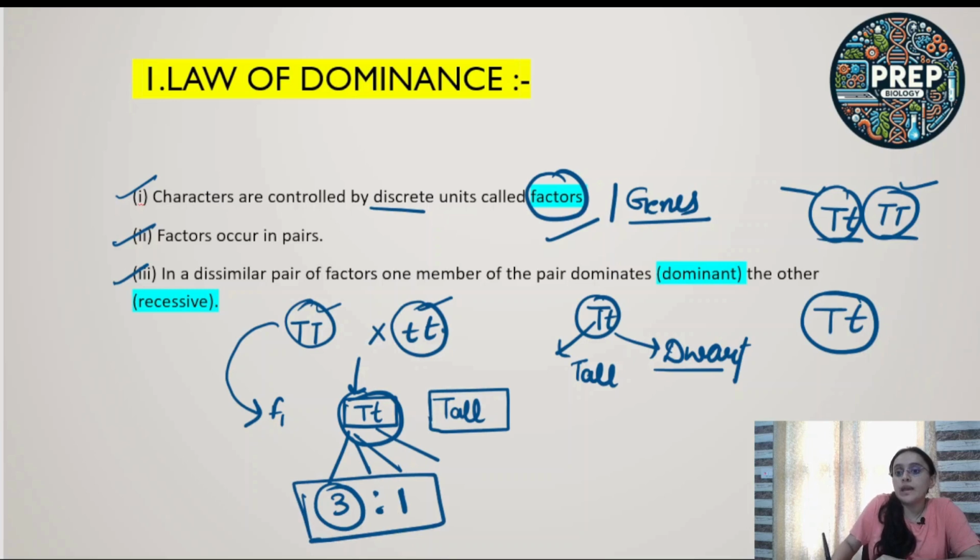So he stated that in the dissimilar pair, like in heterozygous conditions, one factor dominates over the other.